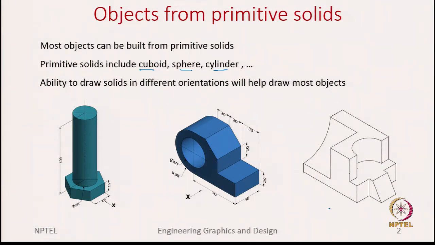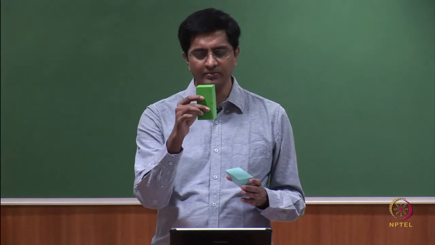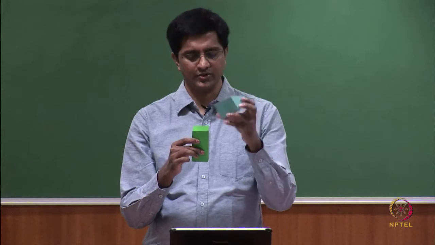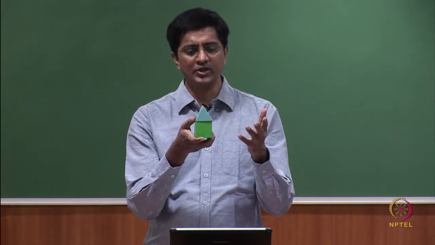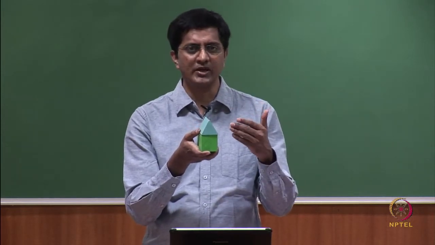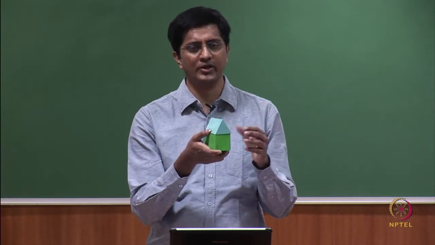And as an example, here I have what we can usually call a square prism, and here a triangular prism. If I add both of them together, it gives the appearance of an object which is not as simple as the one we started with. For example, this can be used to depict a house.